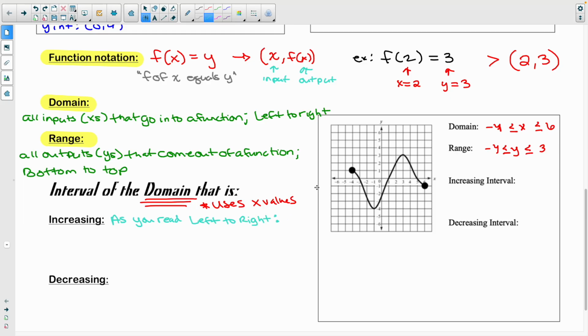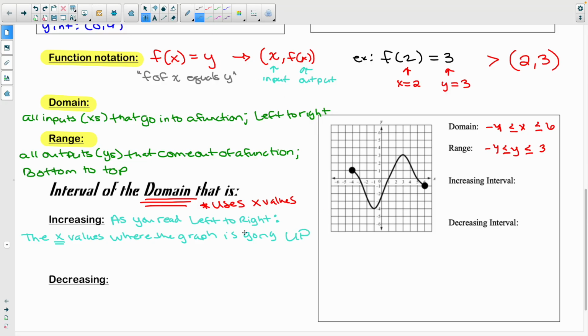So as you're reading the graph from left to right, increasing is the x values where the graph is going up.